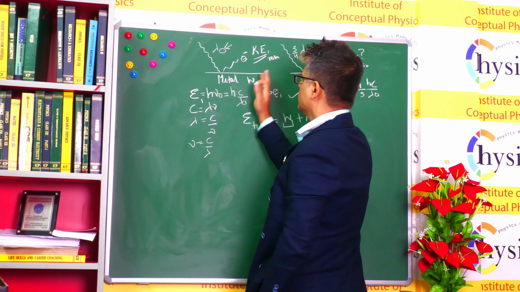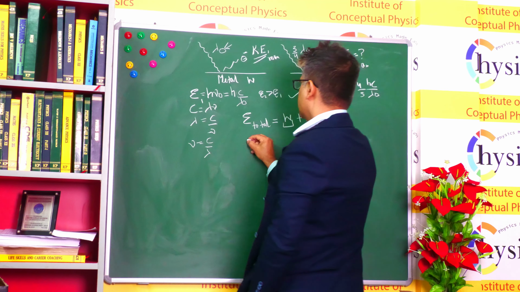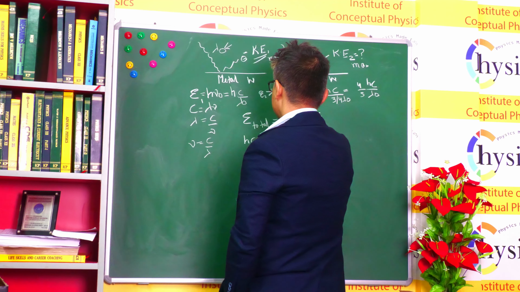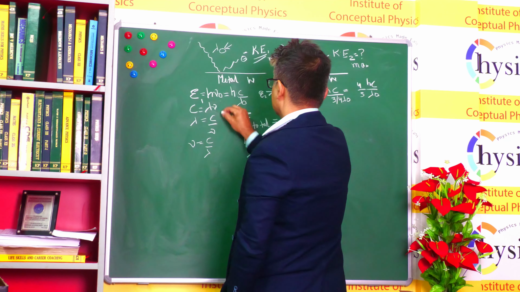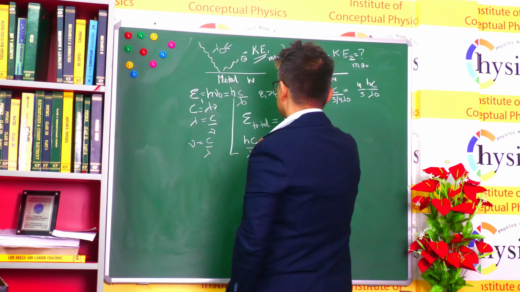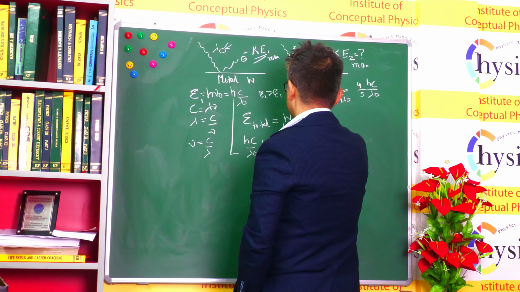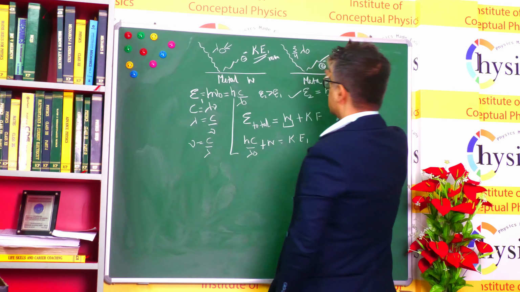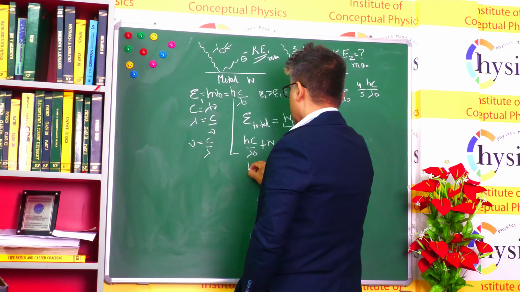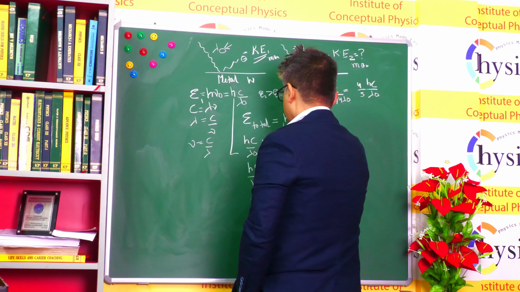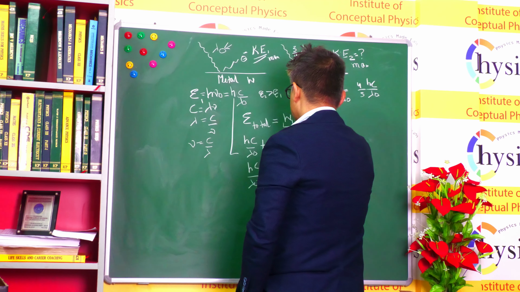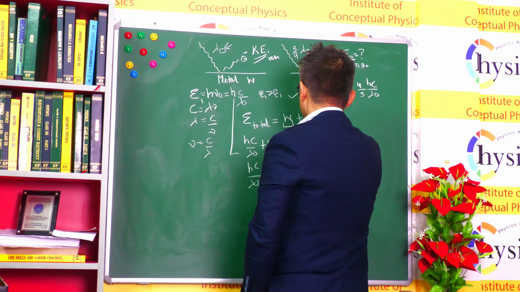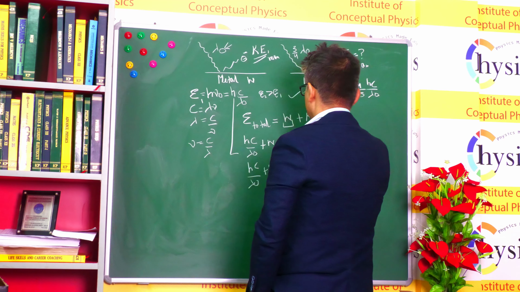Let me use situation number 1 and apply this. So this is hc by lambda naught, plus the work function W, is equal to kinetic energy 1. Situation number 2: 4/3 hc by lambda naught plus W is equal to kinetic energy 2.